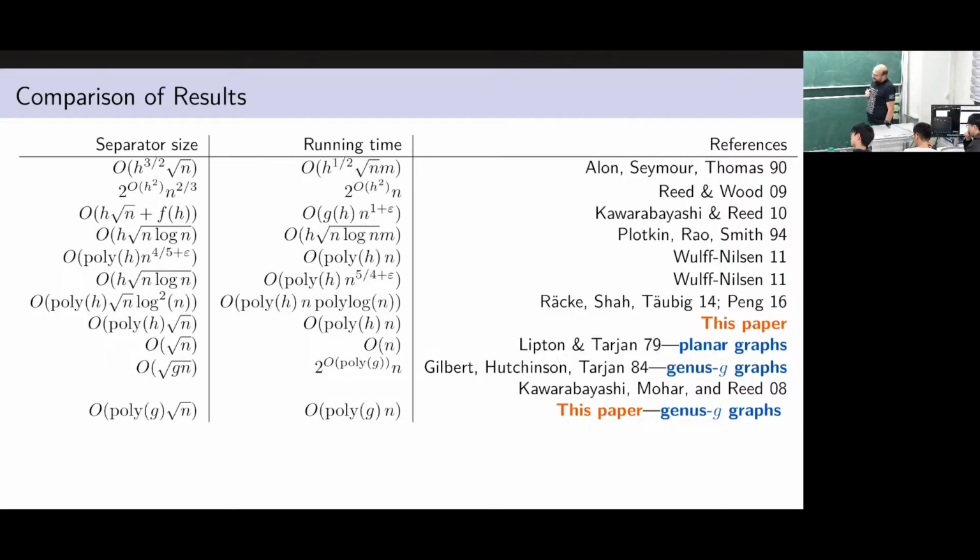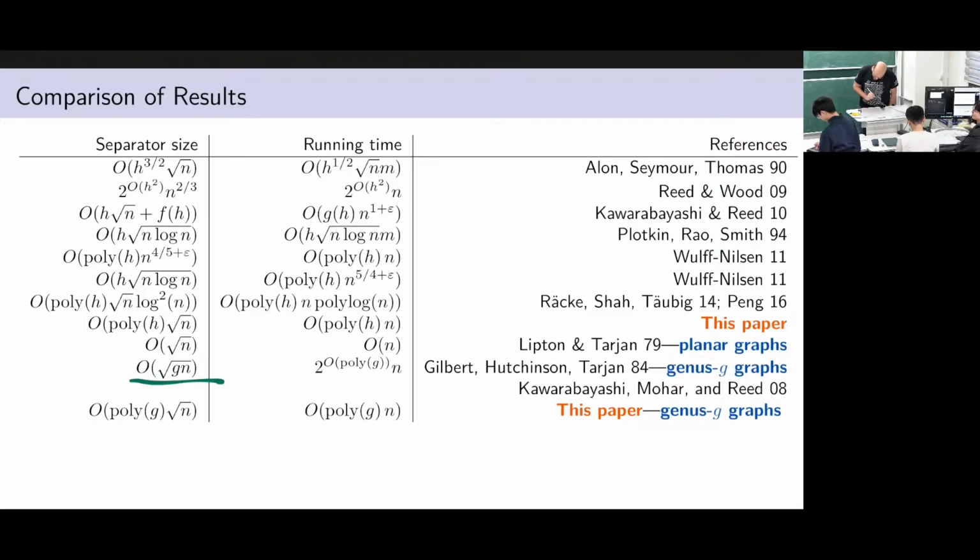It's a tangible number. Okay, so there are a couple more results, and those are in planar graph directions. So if you look at genus g graphs, then there is a very nice result of square root of g times n separator size, and we improved on that as well.